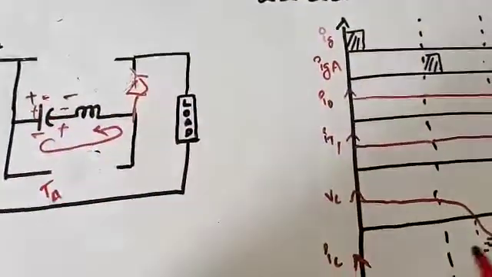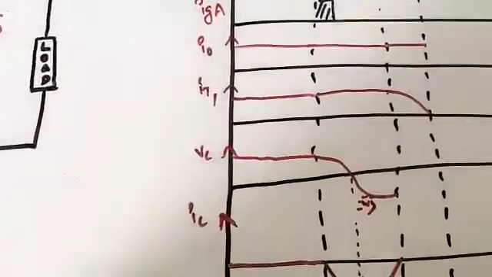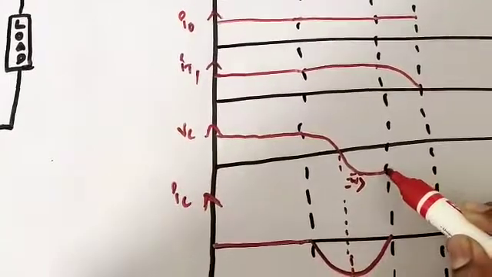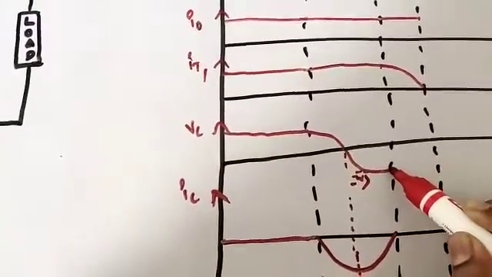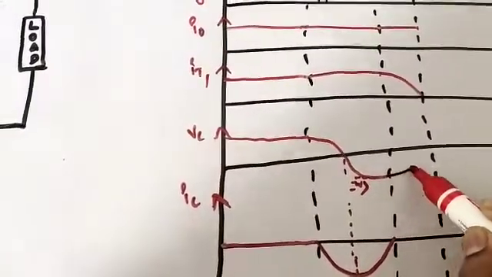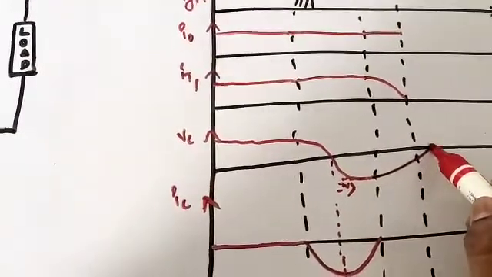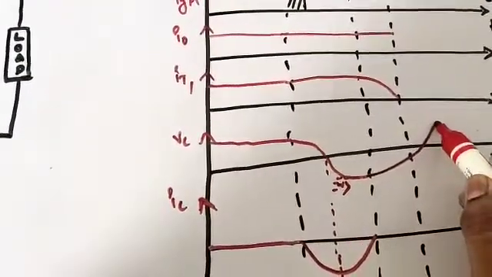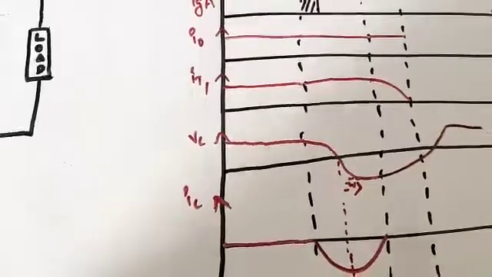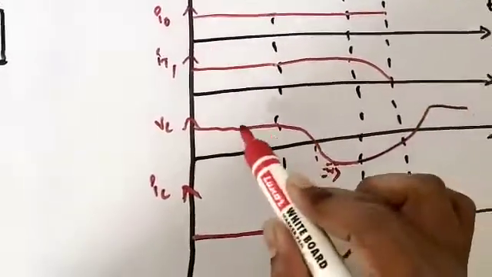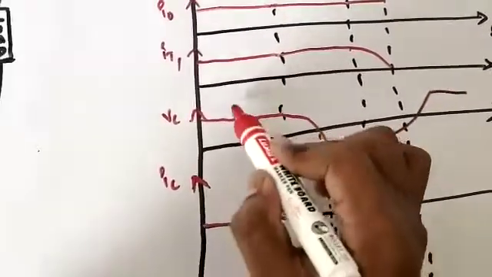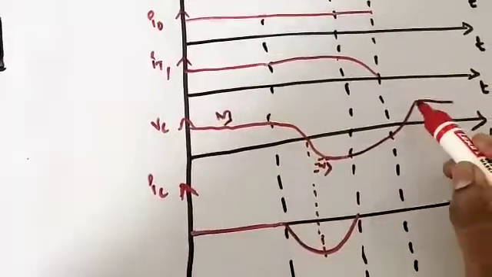So the capacitor voltage from negative increases up to Vs. This is Vs, and this is also Vs value.